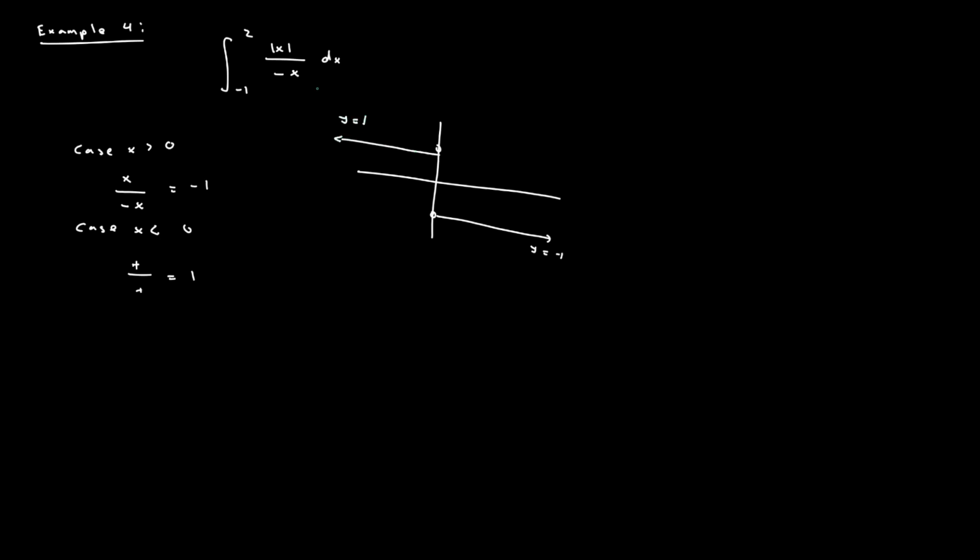And the interval we're worried about is from -1 to 2. So -1, and then the area under the curve, and then up till 2, and then the area under the curve, right?